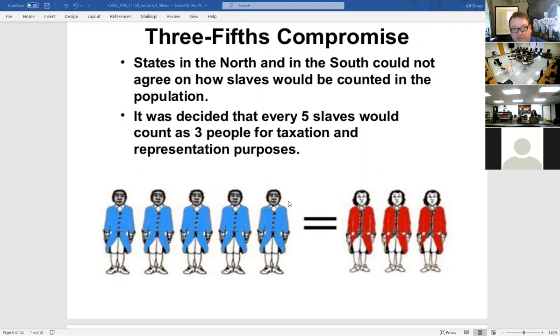So if we were to say, for example, South Carolina had 50,000 slaves, they would only be able to register them as 30,000 for their population.